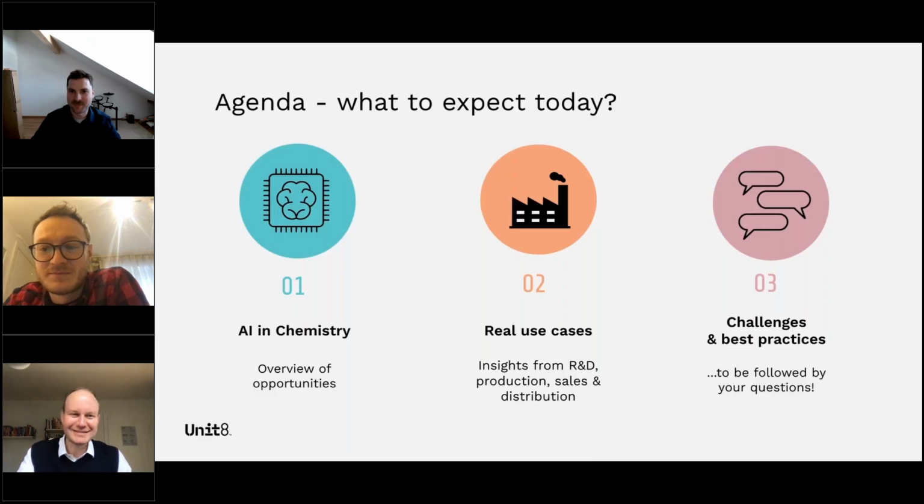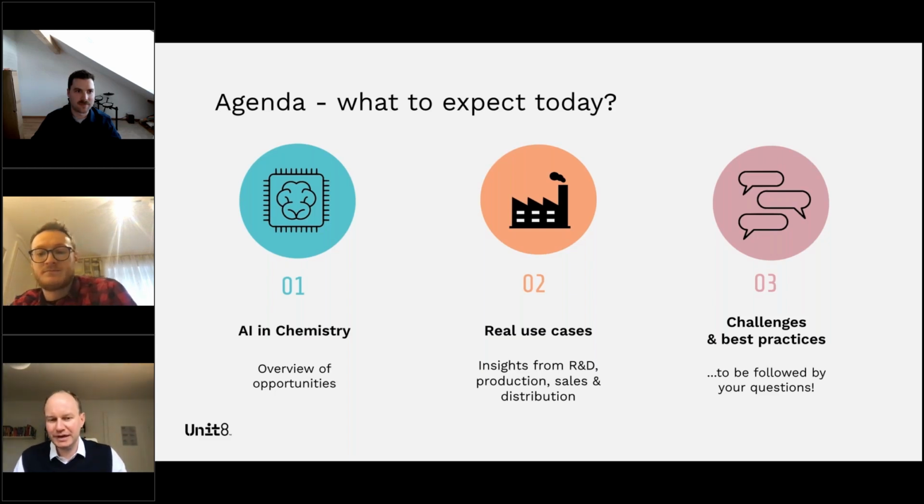So let's jump right in. What is our agenda for today? First of all, we'd like to give you an overview about AI applications in chemistry. What are the categories of use cases that you can expect? Then for the second chapter, we'll jump right into some of the real use cases which we implemented with some of our clients.